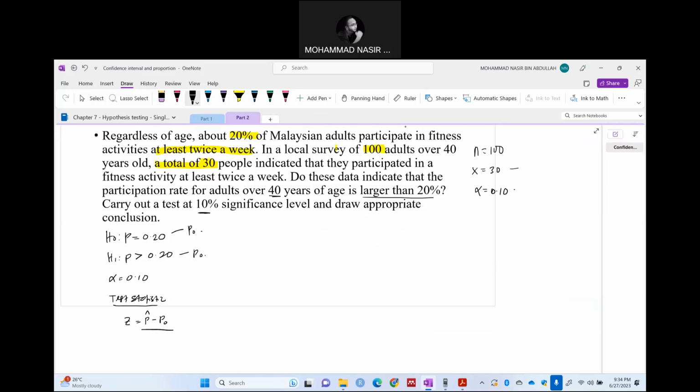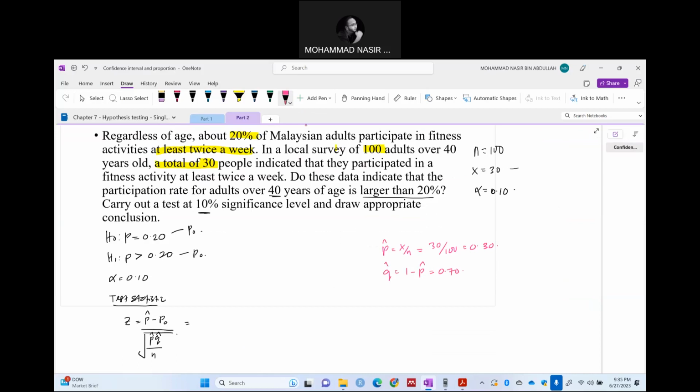Divide by the square root of P hat Q hat over N. P hat is equal to X over N, which is 30 over 100, which is 0.30. And Q hat is the complement of P hat, which is 1 minus P hat, 0.70.